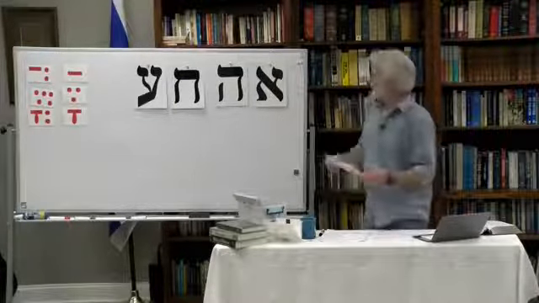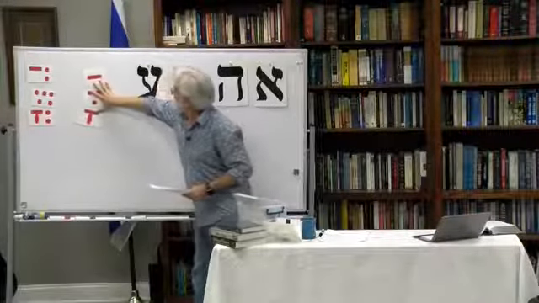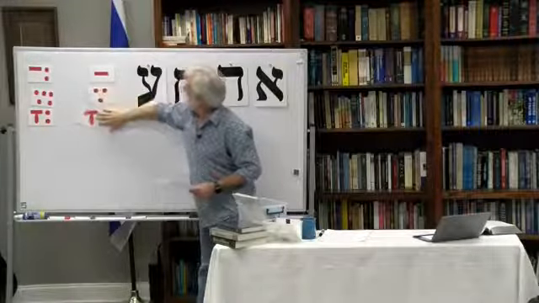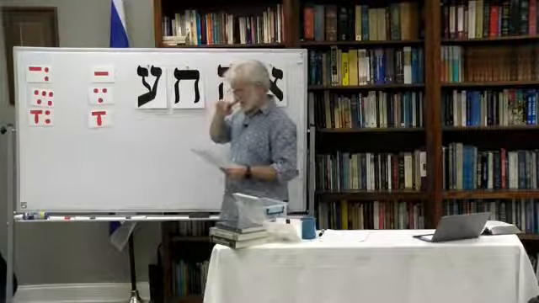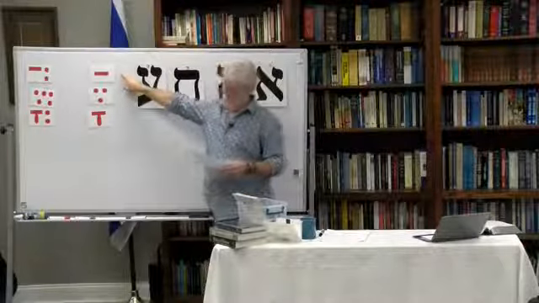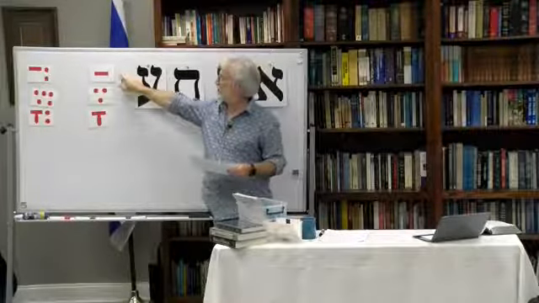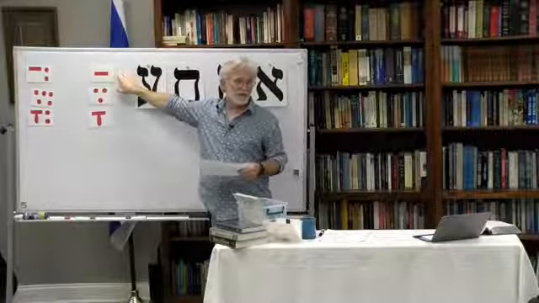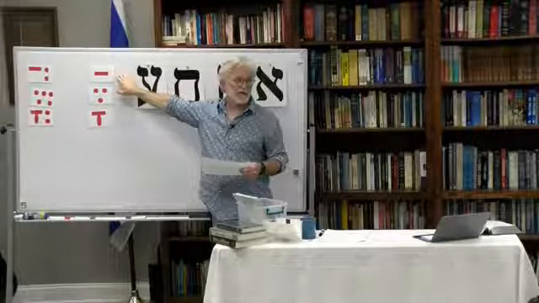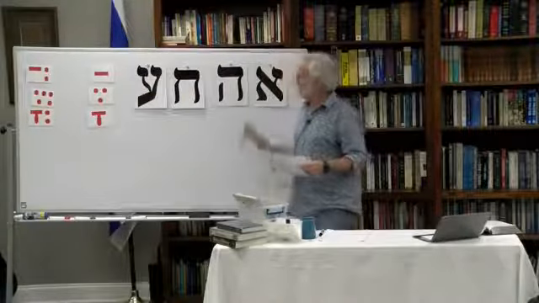Now, look at your chart, and I just want you to look at these three. What is the short vowel here? Notice on your chart, it's patak. It's the A sound, an A-class Hebrew vowel sound, but it's the short A-class vowel sound.